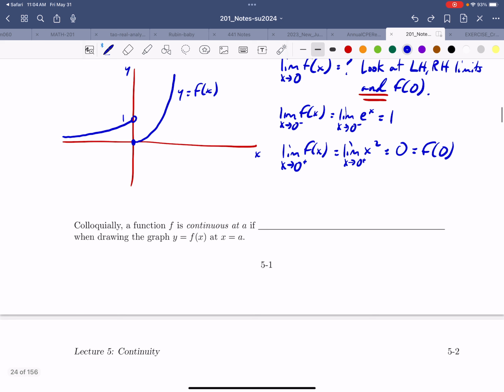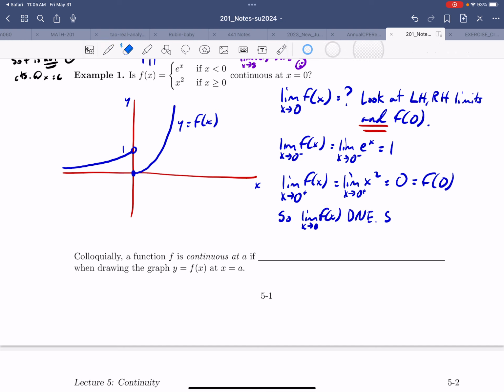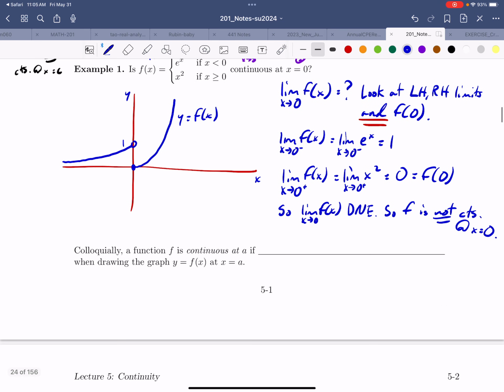Okay, but even though the right-hand limit equals f of 0, since the left and right-hand limits don't equal each other, that means that the limit as x approaches 0 of f of x does not exist. So f is not continuous at x equals 0.